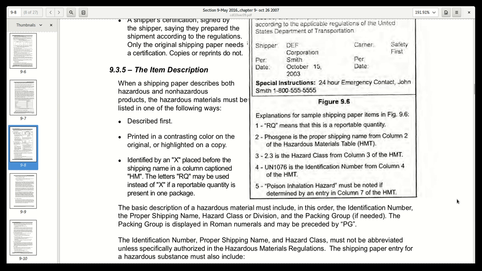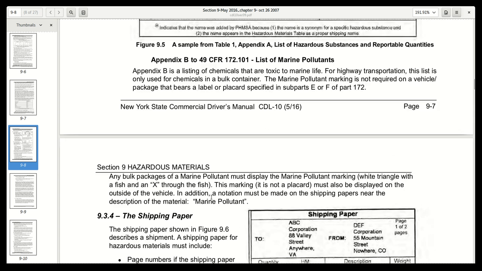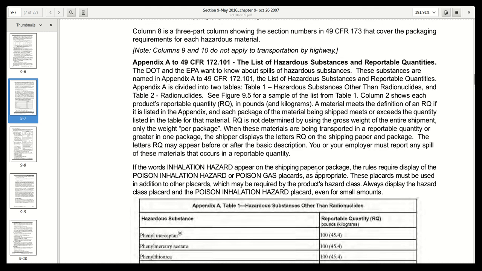The letters RQ, for reportable quantity, may be used instead of X if a reportable quantity is present in one package.